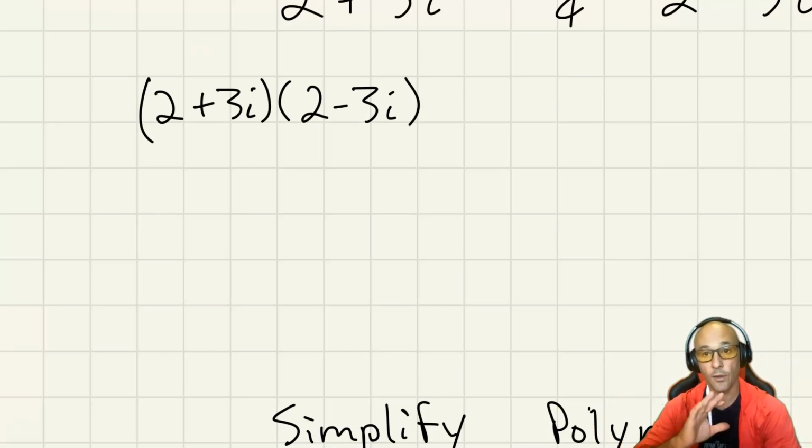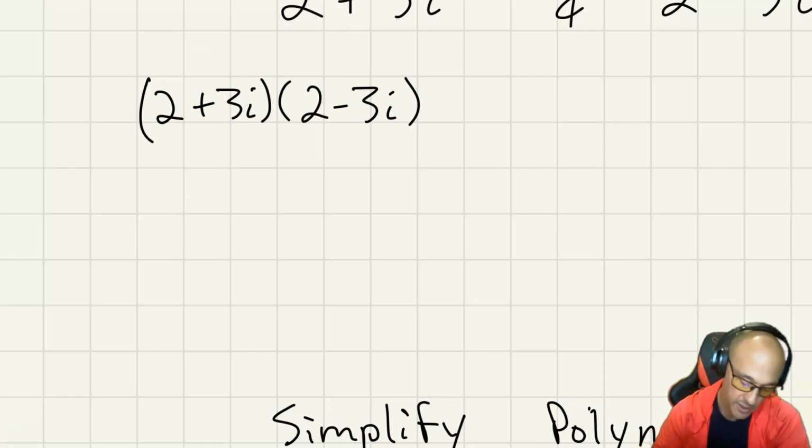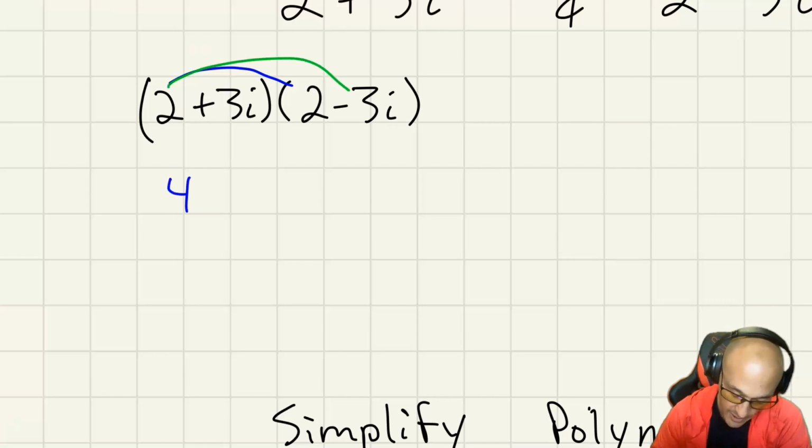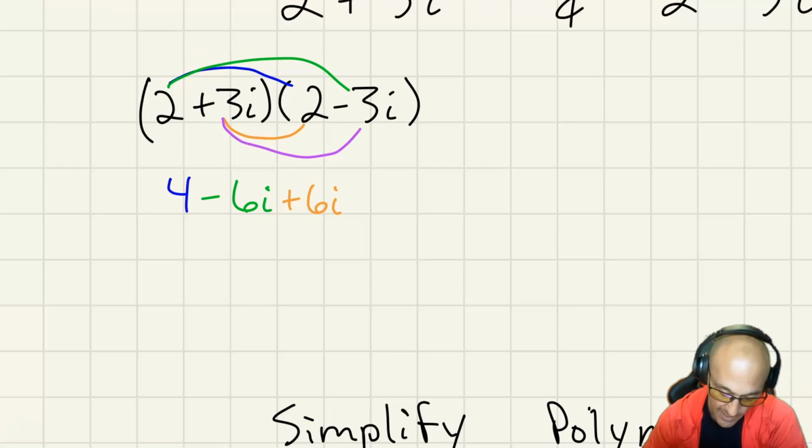Tell me to slow down if you're like, nope, I don't see what you did there. 2 times 2, that's 4. 2 times negative 3i is negative 6i. Positive 3i times 2 is positive 6i. And you may see what the interesting thing is that happened. Positive 3i times negative 3i is negative 9i squared.